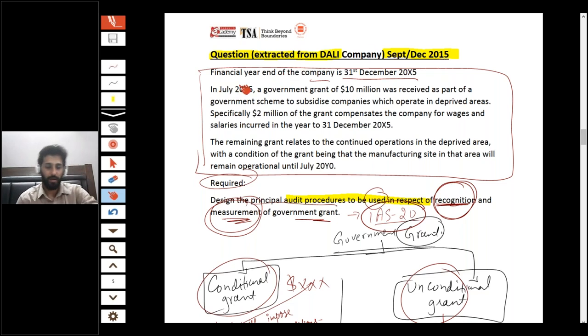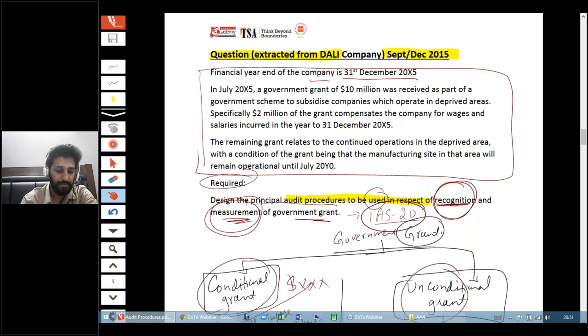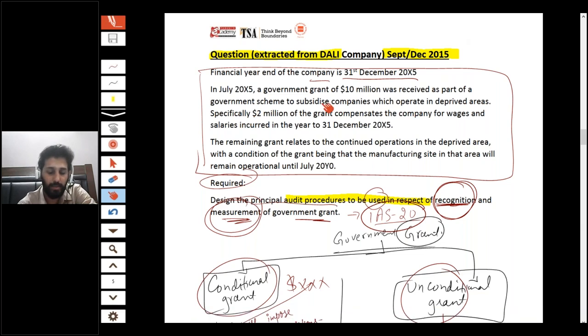In July 2015, the government grant of 10 million was received as part of the government scheme to subsidize the companies which will operate in deprived areas. Specifically, 2 million of the grant compensates for the wages and salaries incurred in the year to 31st December 20X5.